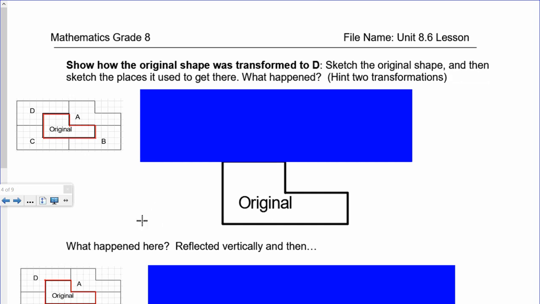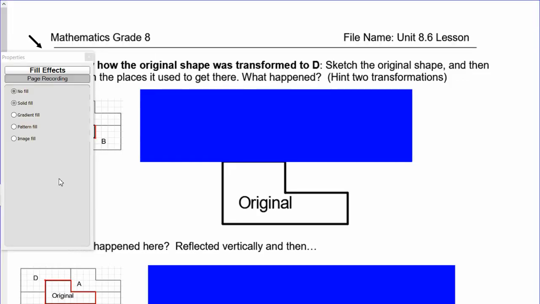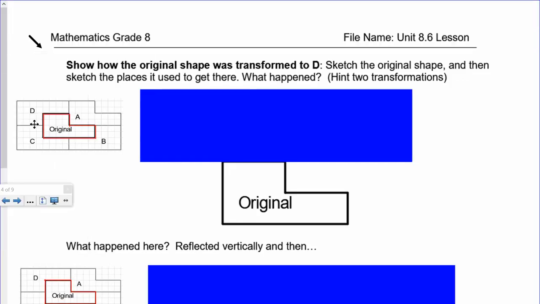Now I want to know how to get from here, the original, to D. So here's the original. I need to get it to D. Now you notice I cannot just do a translation, can I? It won't work.